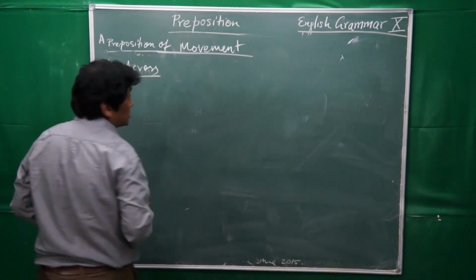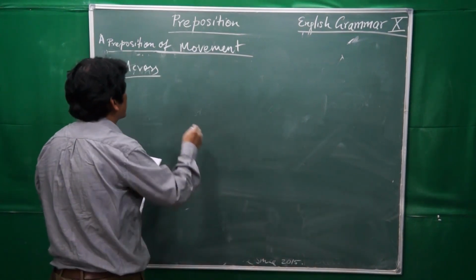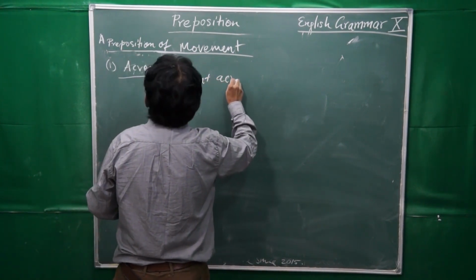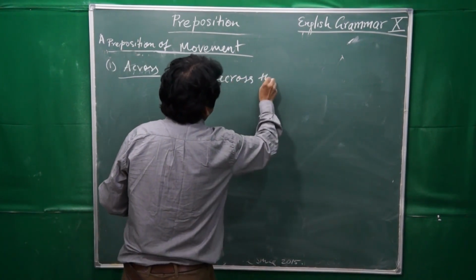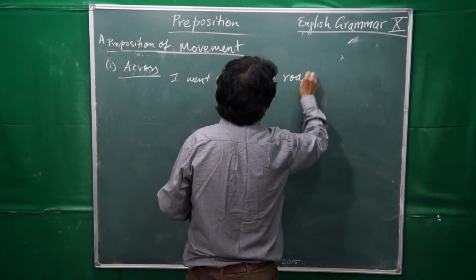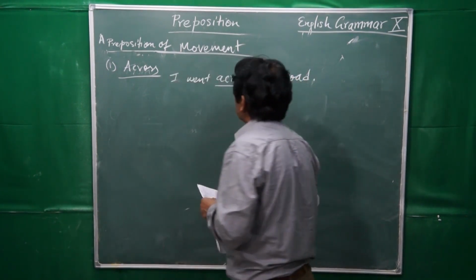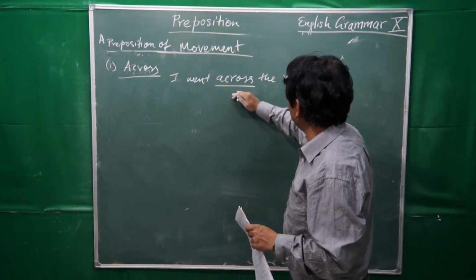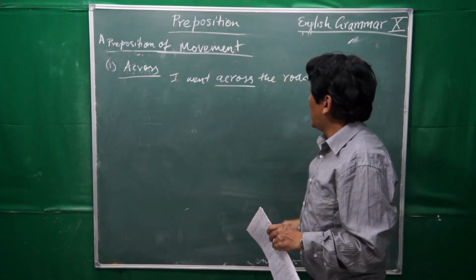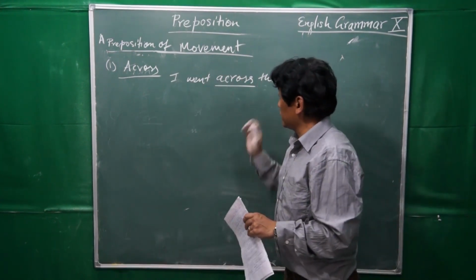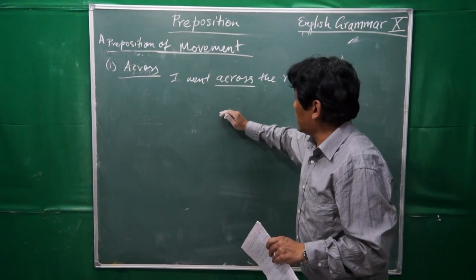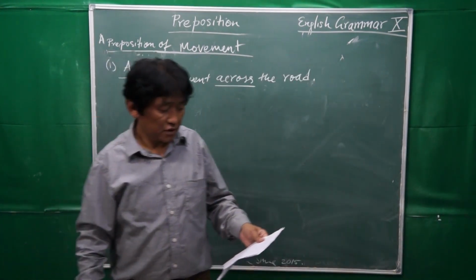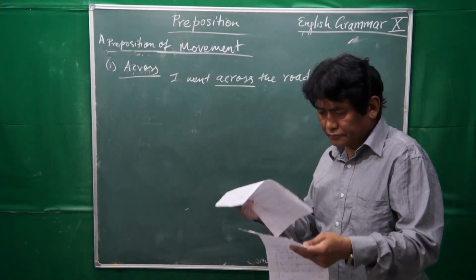If I give you an example of this, I went across the road. Now you can see this is the noun, and across is linking this and this, showing the relationship between the two. Across means I'm going from this side of the road to the other side of that road, right? This is how I can use that.